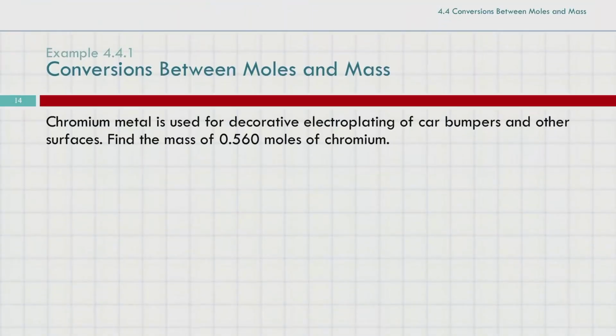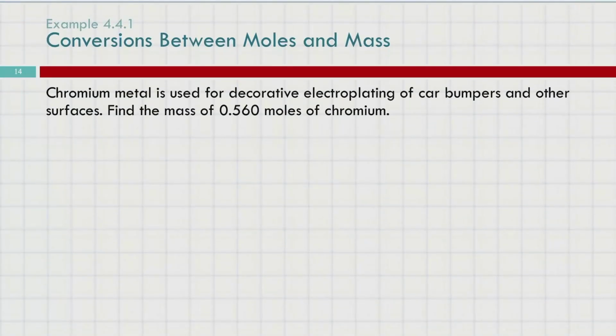Chromium metal is used for decorative electroplating of car bumpers and other surfaces. Find the mass of 0.560 moles of chromium. What is our symbol for chromium? Cr. Chromium is Cr. We're finding the mass of 0.560 moles of Cr.